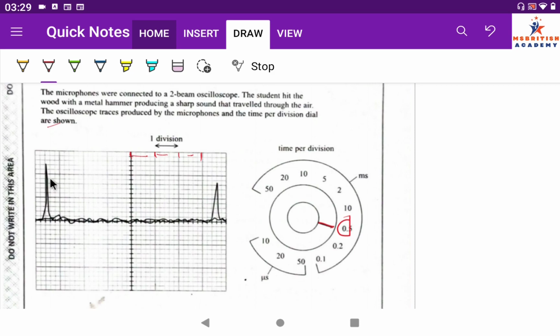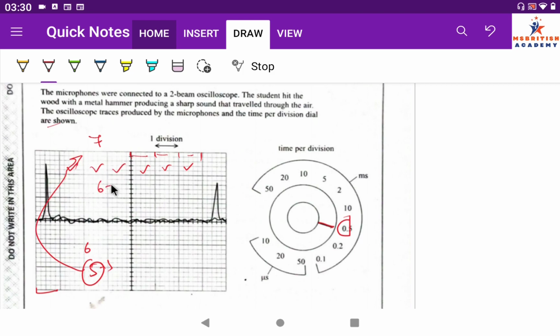So you can see this is 1 division, 2, 3, 4, 5, 6, and then 1, 2, 3. So it will be 6 plus 3 plus 3. In one division there are 5 subdivisions, so this is 3, this is 3, so this will be 6, then 5 plus 1, which is 1 extra division.